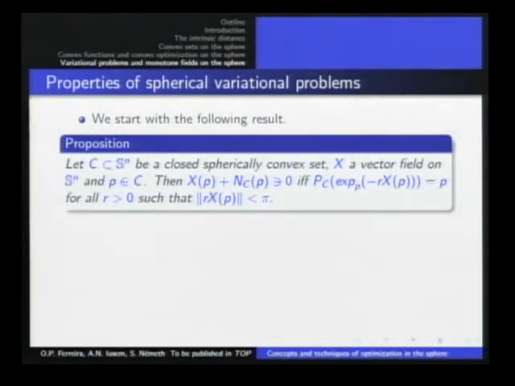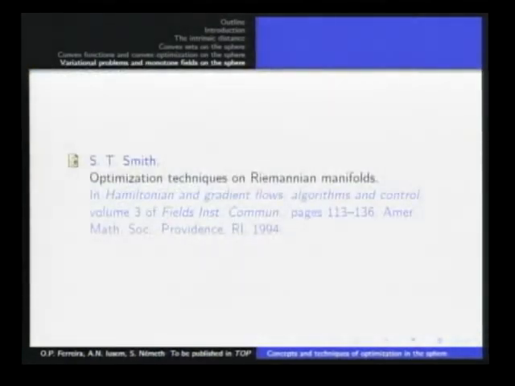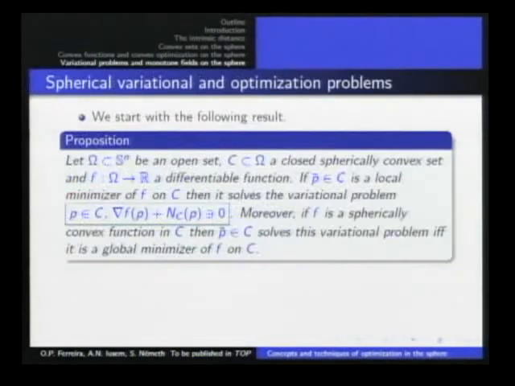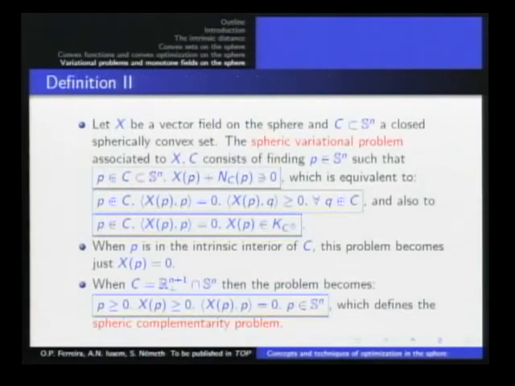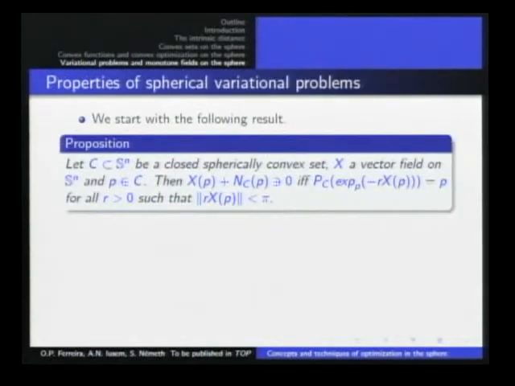And, well, properties. Then we know that a point is a solution of a variational inequality if and only if I take the point, take minus r times the field, take the exponential, and then project to C, and I get the point again.